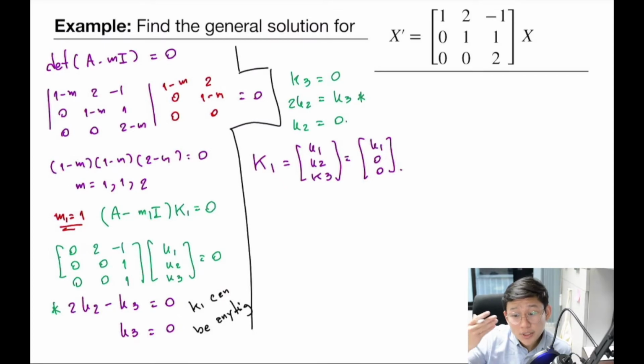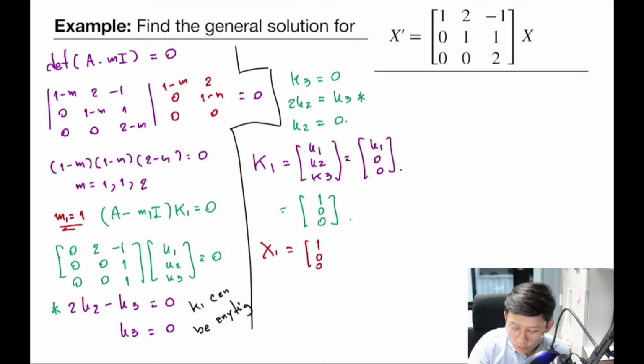But you can solve for k2 and k3, so it's the same thing, right? And then you substitute k1 with 1, so you have 1 0 0. So you get the first solution x1, which is 1 0 0 e to the m1, which is 1, t.